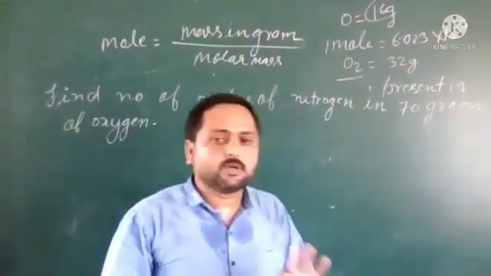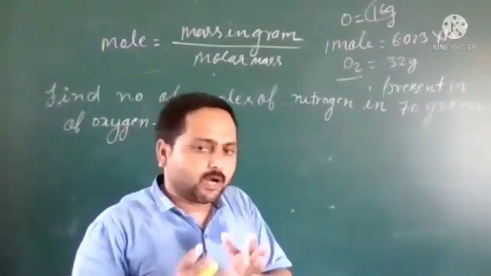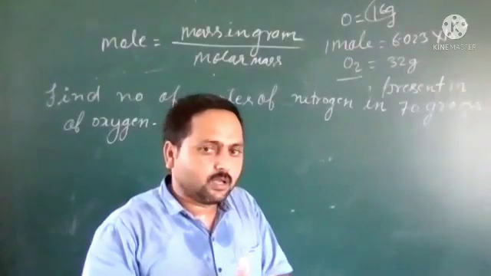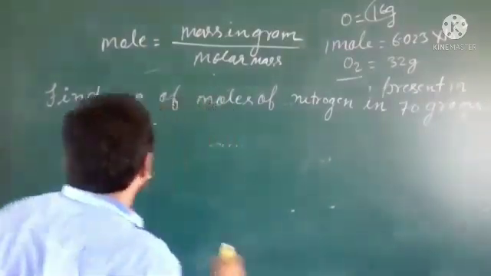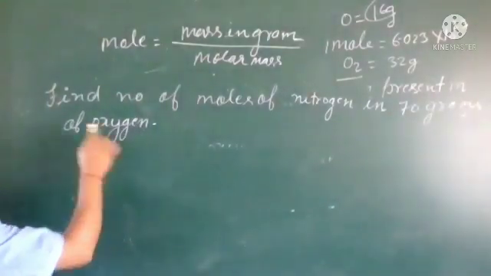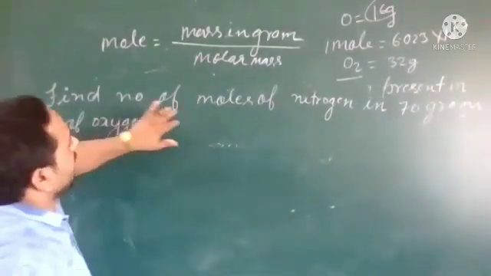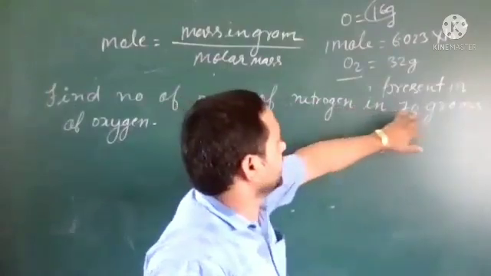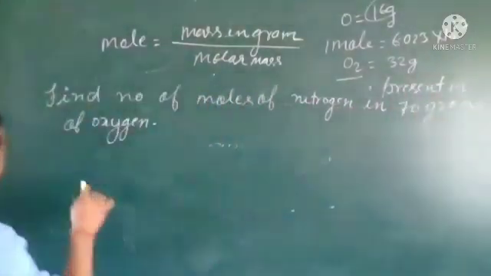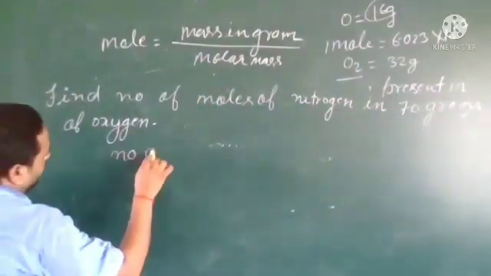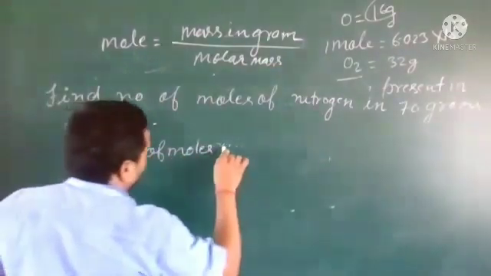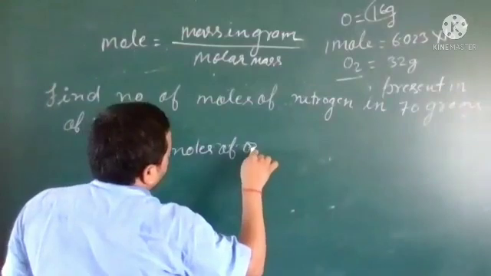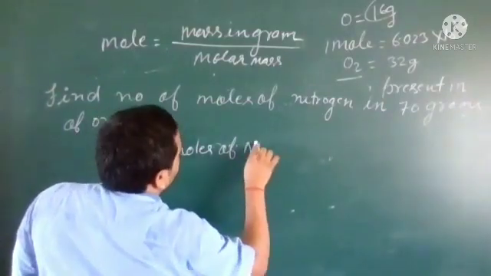So for this we have to calculate moles. And what is the formula for moles? Given mass in gram divided by molar mass. Find number of moles of nitrogen in 70 gram.